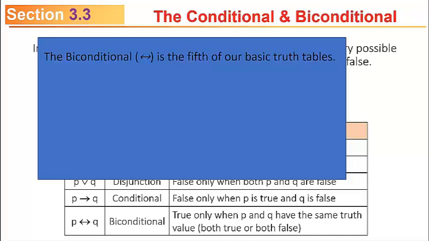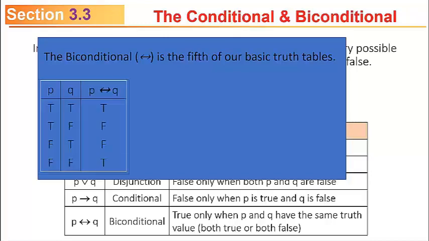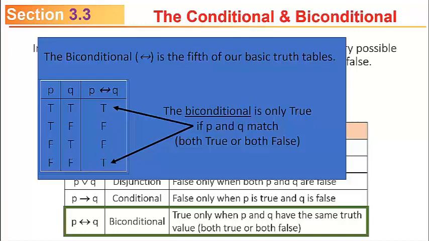The biconditional symbol is an arrow pointing in both directions, or a double-headed arrow. The biconditional is only true when P and Q have the same truth values. In other words, they're both true or they're both false. So if you look at the truth table for the biconditional, it's only true if you get P true, Q true, or if you get P false, Q false. Otherwise, it's false.